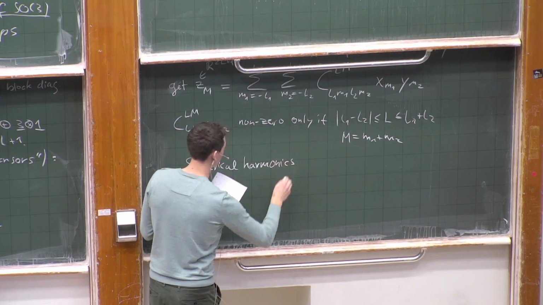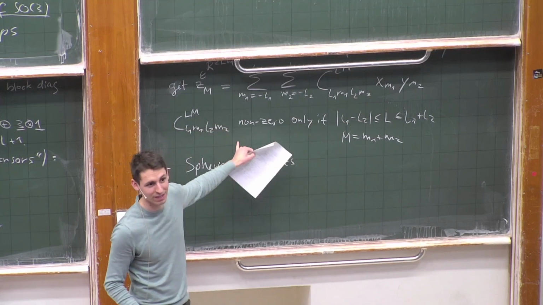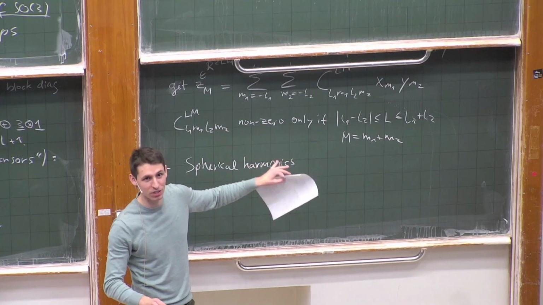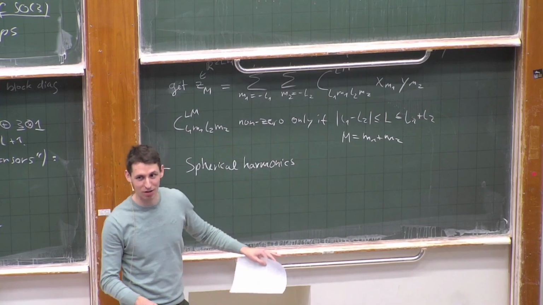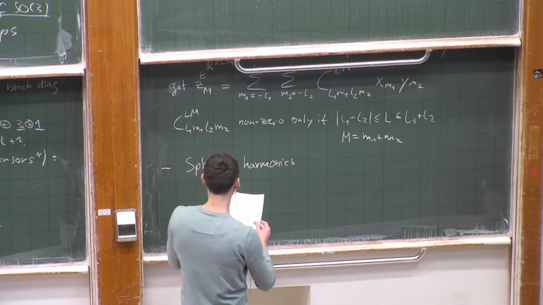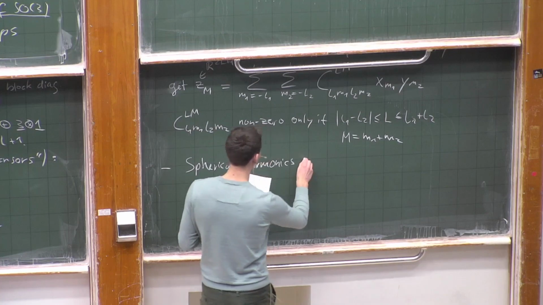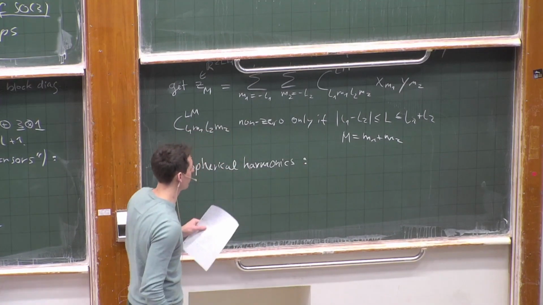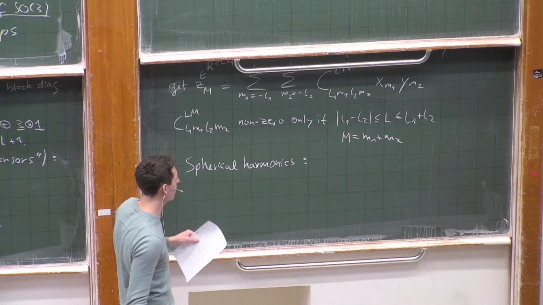The spherical harmonics, which in this context of quantum mechanics and angular momentum you know as the position space representation of the angular momentum eigenstates, appear in many different topics.